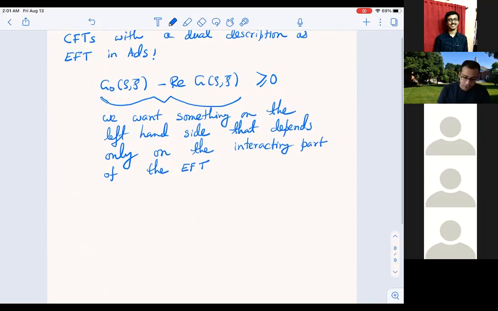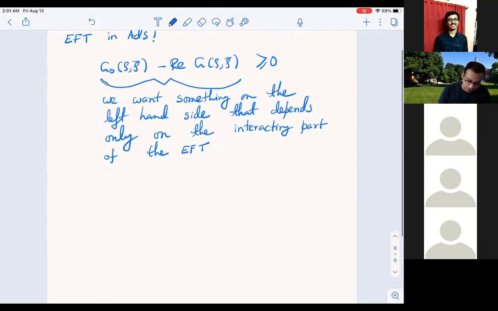Just to show you why it's not good enough, let's take an AdS theory which is completely free. It's just a free scalar theory. In that case, this G naught, we know it exactly because it's exactly a free theory.